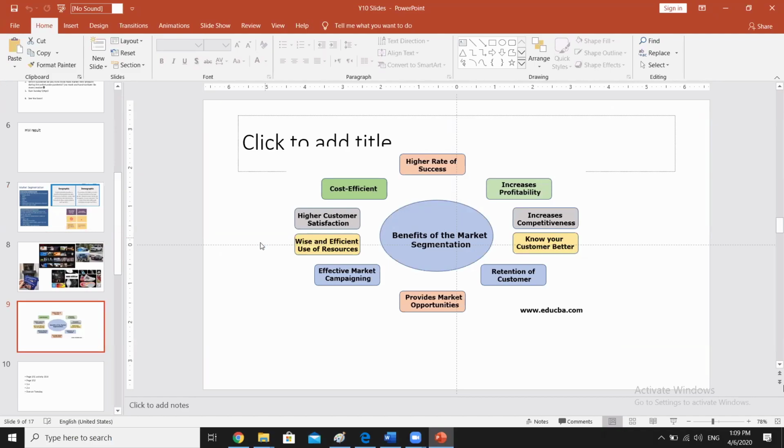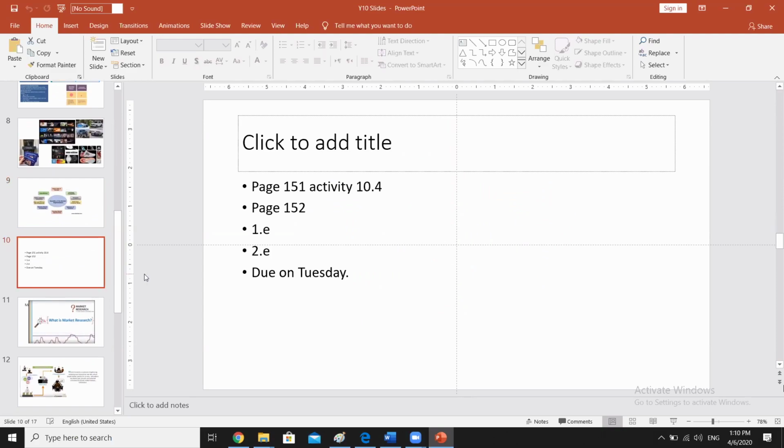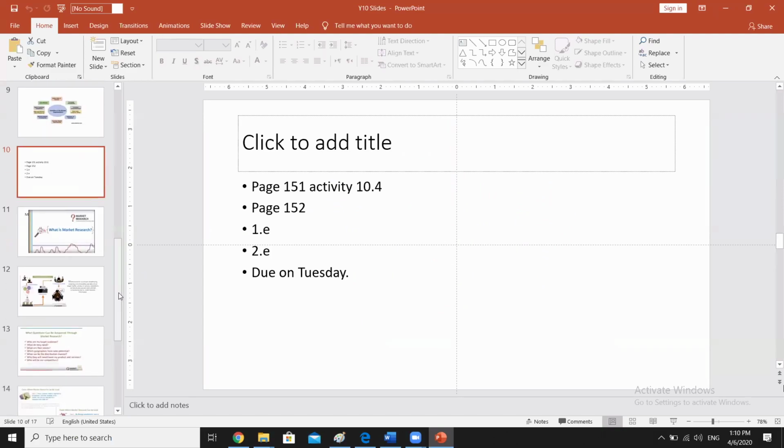Mostly it was to keep away from competitors, stay safe, spread the risk, increase sales, increase profit, improve brand image through meeting your customers' special needs and wants. Don't forget that you had these two activities to do, which is due tomorrow.